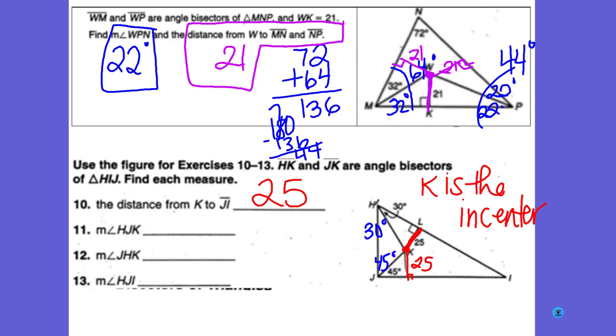So the measure of angle HJK is 45 degrees. The measure of angle JHK is 30 degrees. And then it wants us to find the measure of angle HJI, which is this whole enchilada angle. HJI is this whole angle. 45 plus 45 is 90.